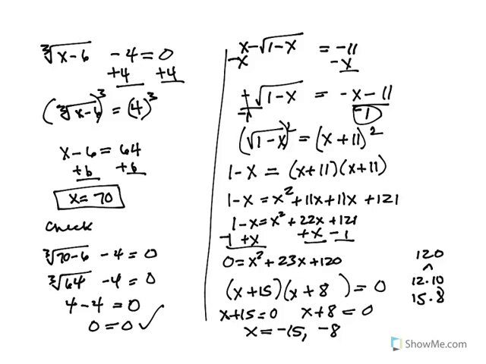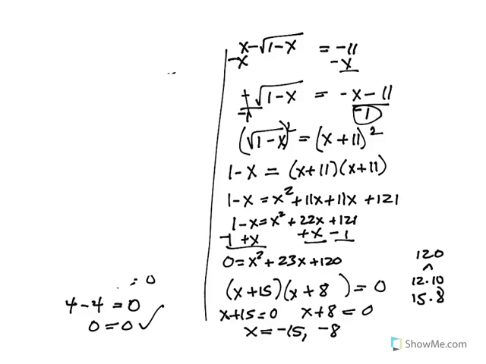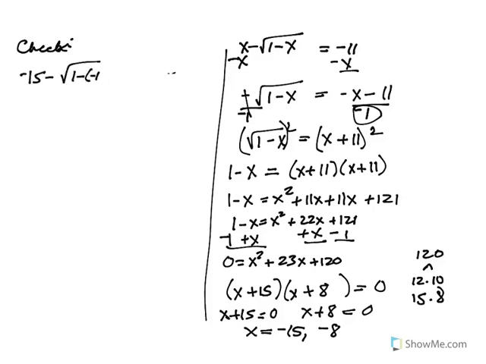Now, this is a perfect example where we have to check. Anytime you get multiple outcomes, you should always check. So my check, in the original problem: negative 15 minus the square root of 1 minus negative 15, which is negative 15 minus the square root of 16, negative 15 minus 4, negative 19... negative 20.